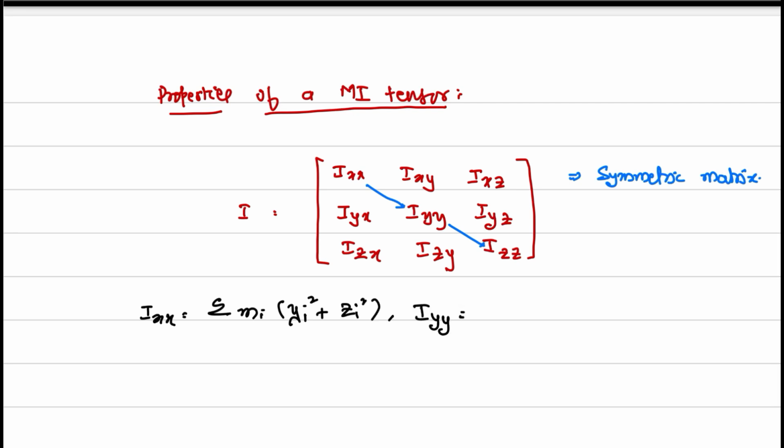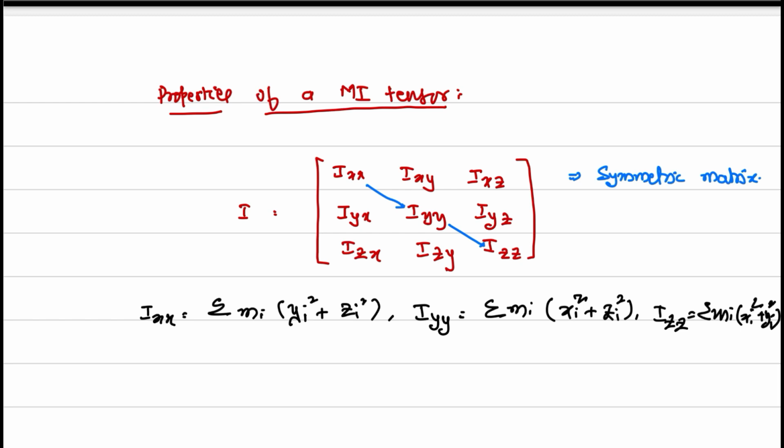Iyy is equal to sigma mi into xi square plus zi square. Izz is equal to sigma mi into xi square plus yi square.